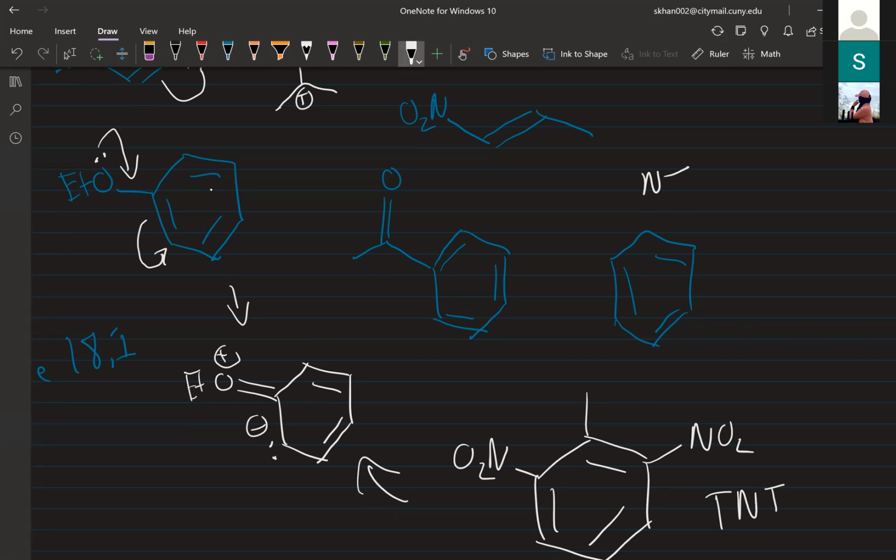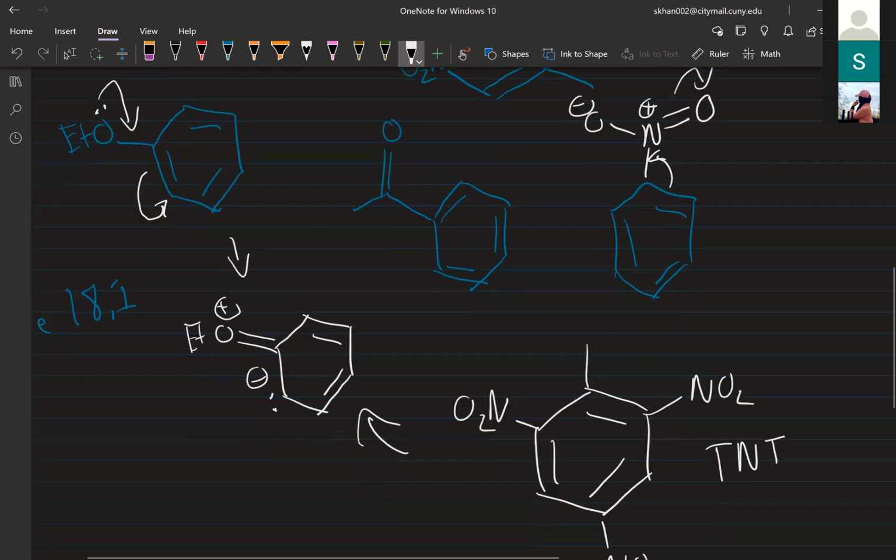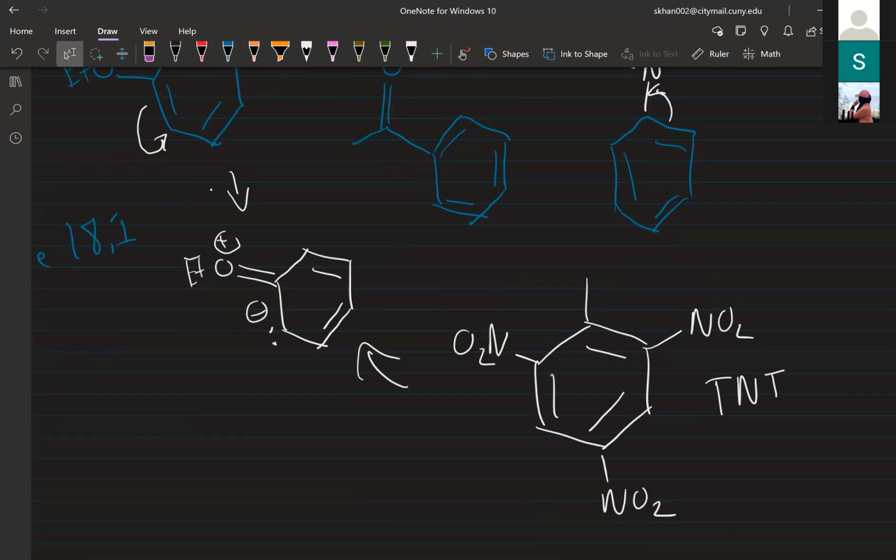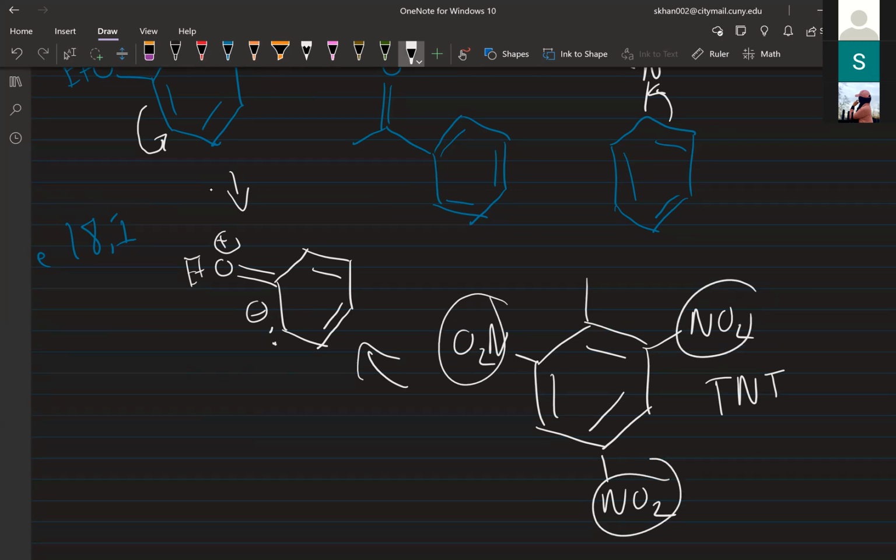Actually, I'll draw it in the single bond method. So you have O here, plus here, O minus here. As you see, that nitrogen has a positive charge on it, so electron density would want to come out. This would push it here. So I could tell you right off the bat, without even looking at this, that these are all electron withdrawing groups here.